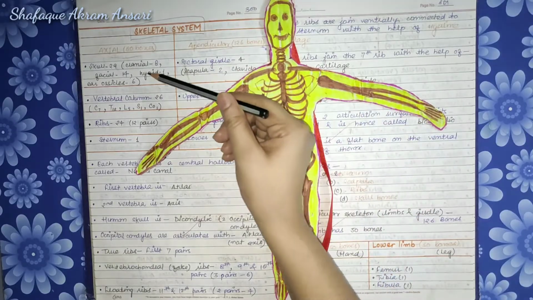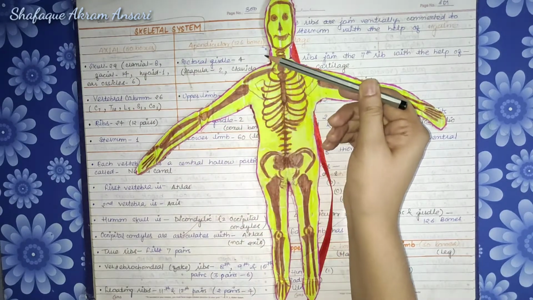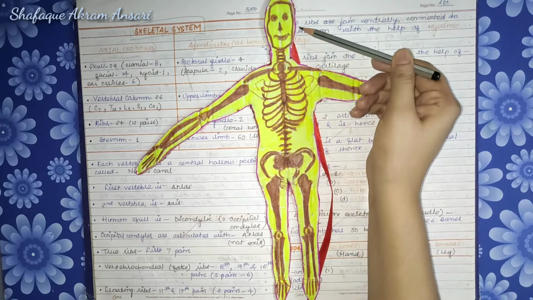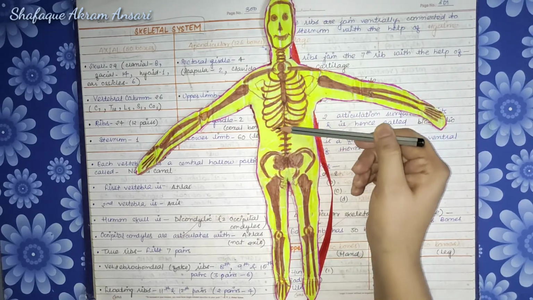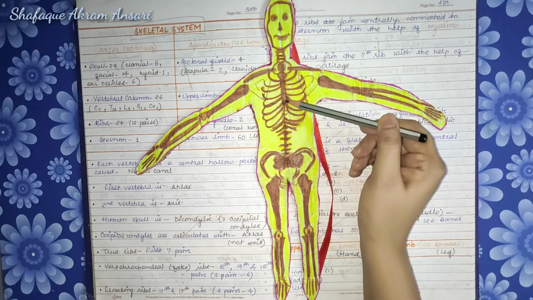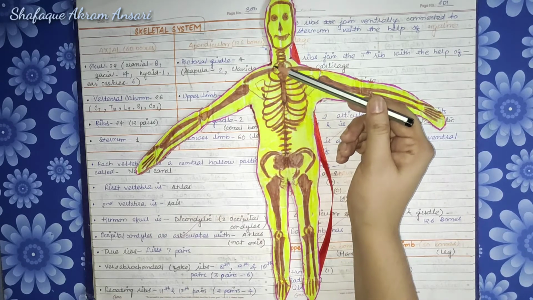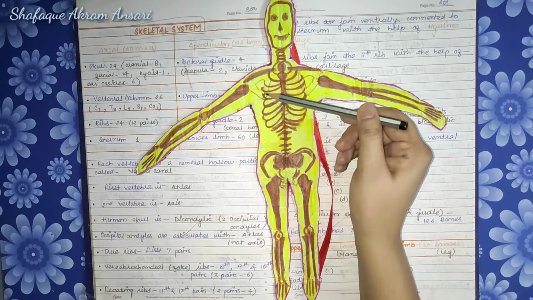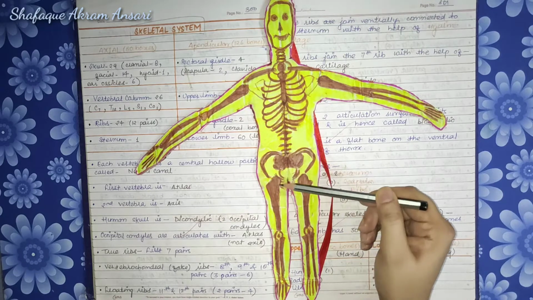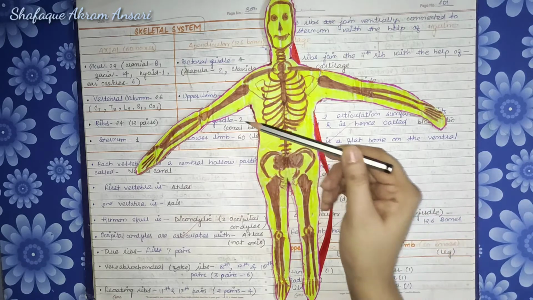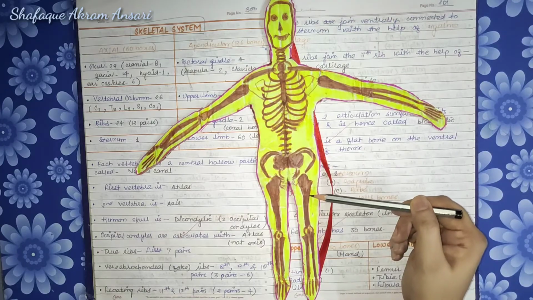The axial skeleton includes the skull, vertebral column, ribs, and sternum, and the appendicular portion includes your pectoral girdle, pelvic girdle, your upper limbs, and lower limbs.